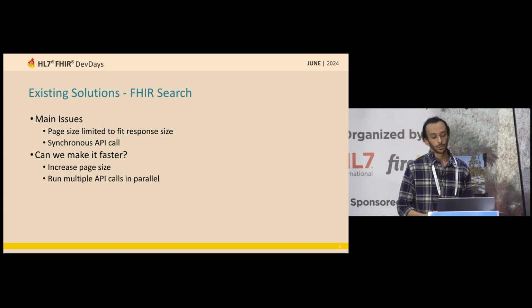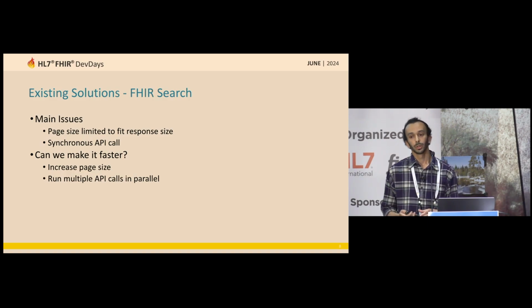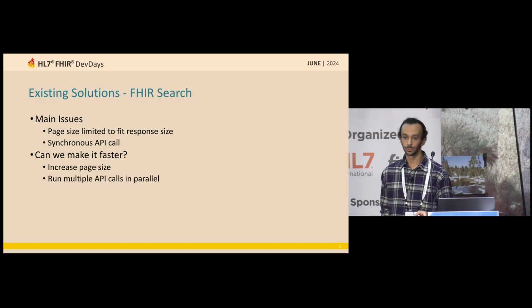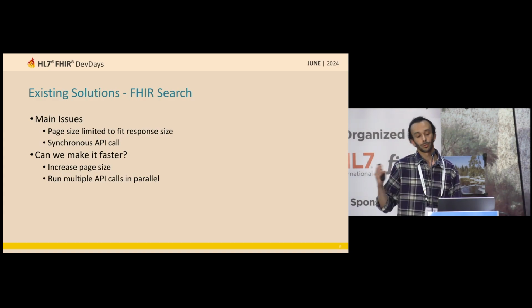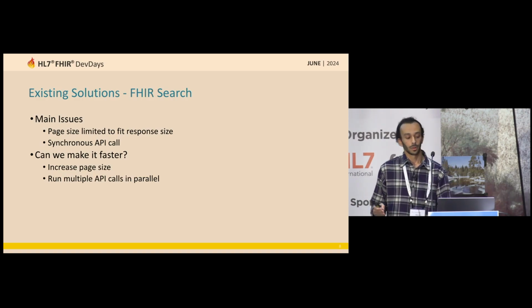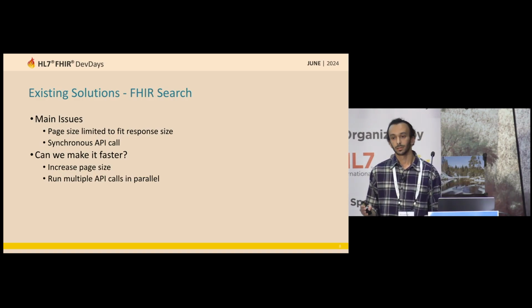So the third thing we thought about is, what if we built a wrapper around FHIR search? Basically this wrapper will go through the pages of your search result until it collects all the data that matches the search query.